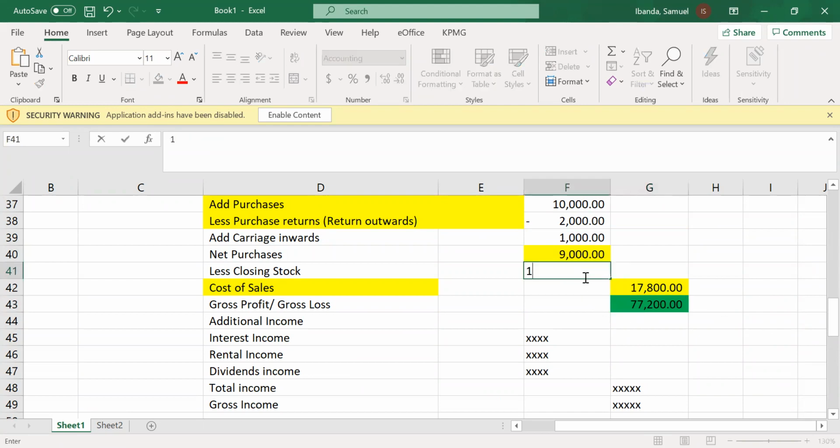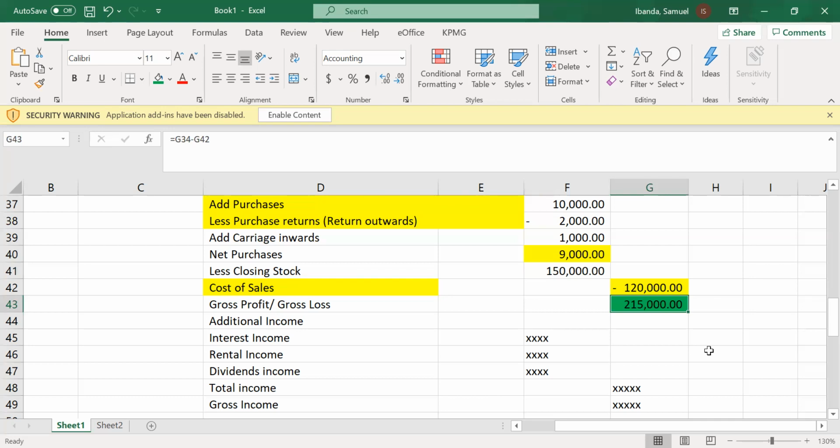And even we tried it, for example, if this was 15,000, you'll see that your profit will increase. The more you increase this value, the more it increases. So in case you record a wrong value of inventory by a higher value, then you should reduce your profit by the same value. Okay, you should reduce your profits by the same value.